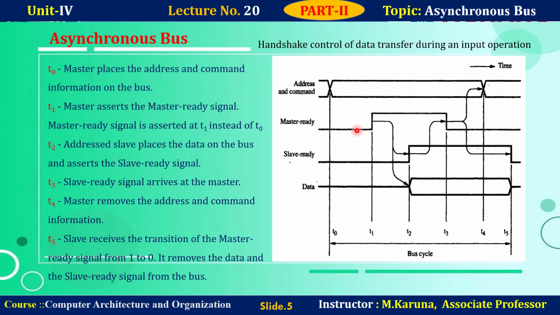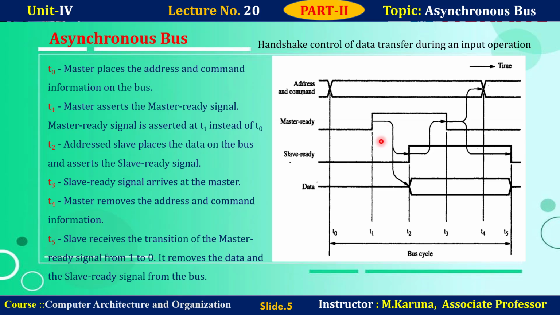This is the master ready signal issued by the processor. This is the slave ready signal issued by the input device. This is the data bus that carries data bits. In this read operation, the processor needs to get the data from the input device using this asynchronous bus scheme.